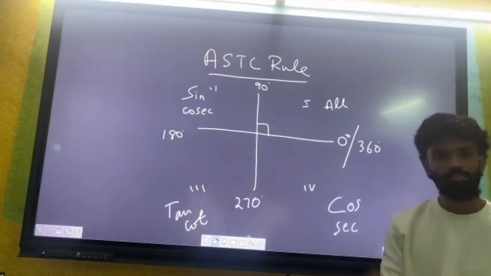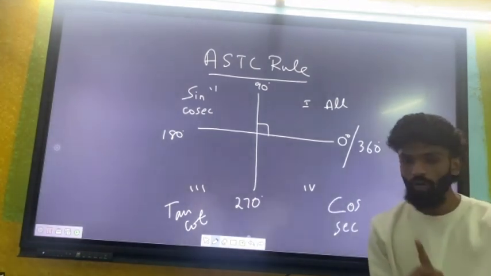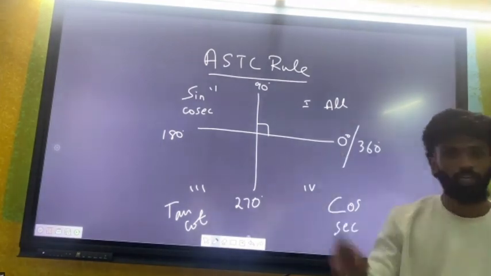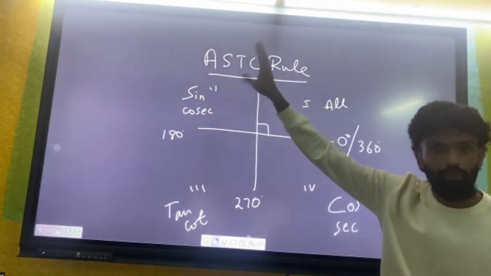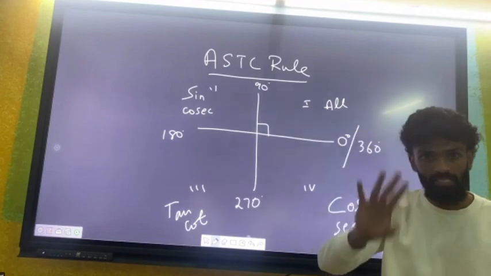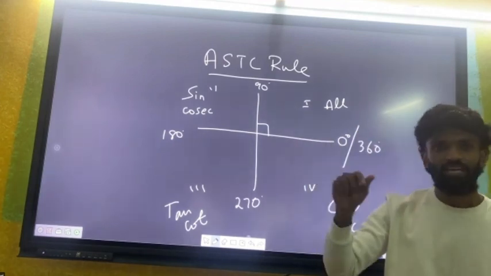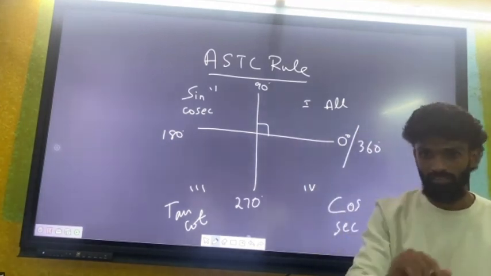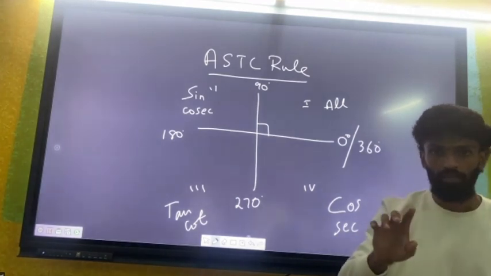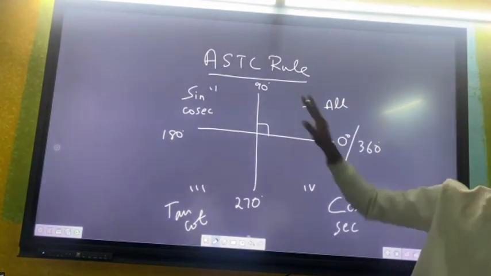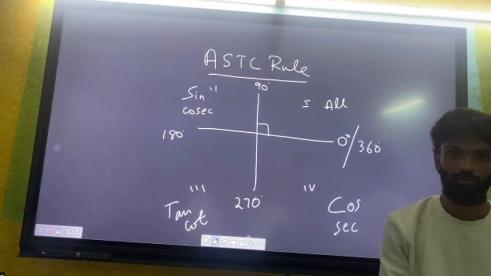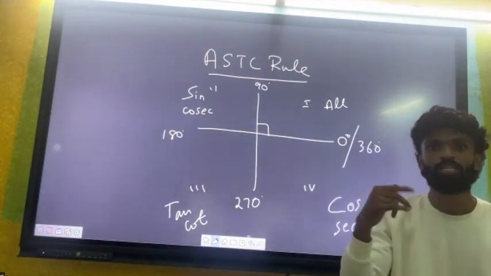Cot in the fourth quadrant is negative. Now, please do not be under the assumption that the ratios cannot go there. Here, all 6 can be. Here also, all 6 can be. It's just that the question here is whether it is positive or negative. Let's say tan goes to the first quadrant. It is positive because anything in the first quadrant means positive.